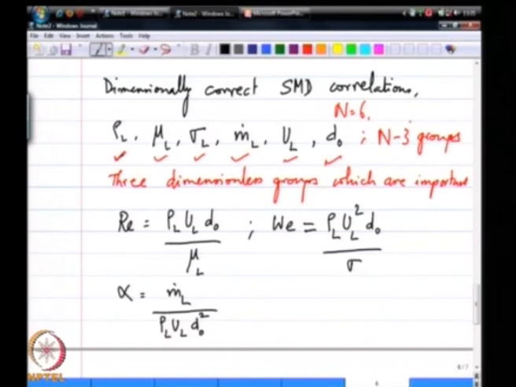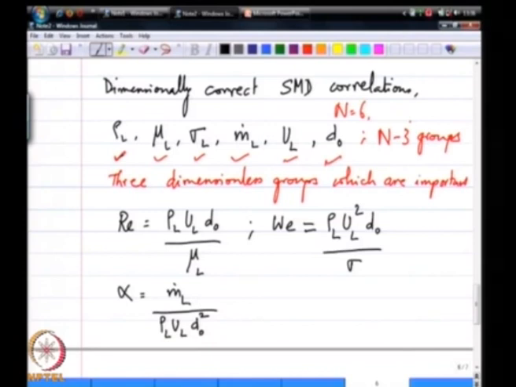Coming to think of this, the denominator here has units of mass flow rate, okay, it has units of kilograms per second.